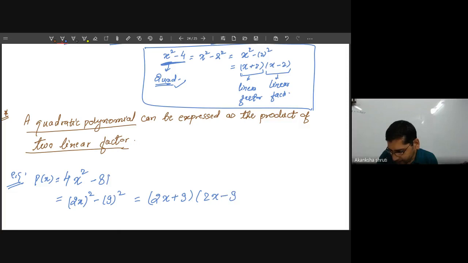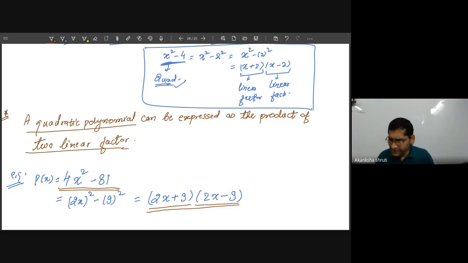Students, whatever is given here is the quadratic polynomial. It has been equated with the product of two linear factors. These are the two linear factors, and their product is this one. So by applying the identity, we can convert this quadratic into linear factors.